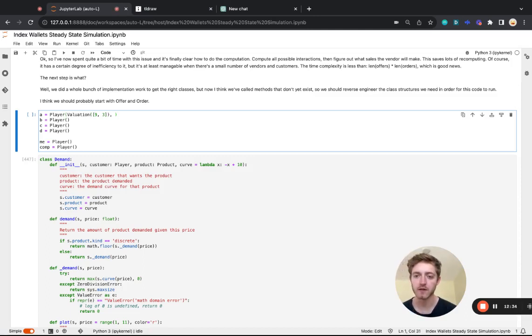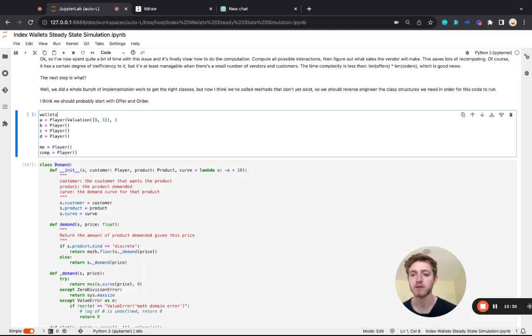Wallets on these are always going to be 10. It doesn't really matter because we're not. So this is wallet.